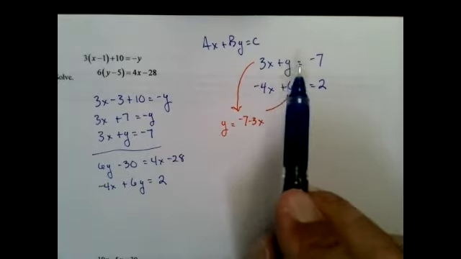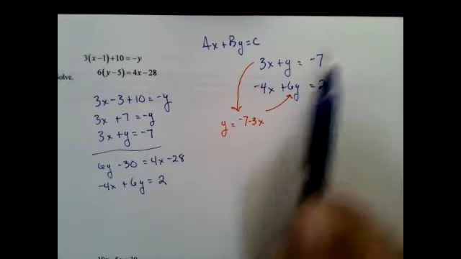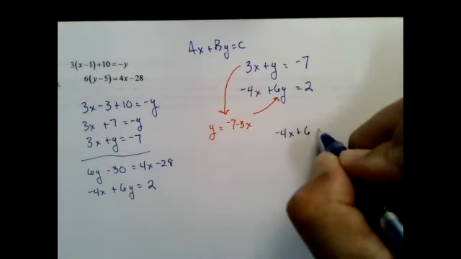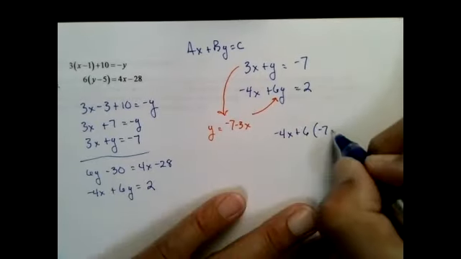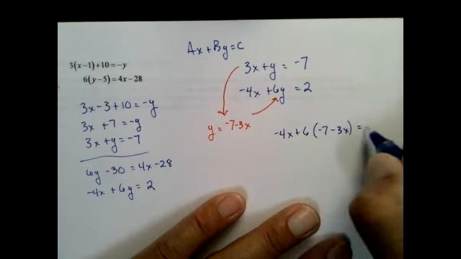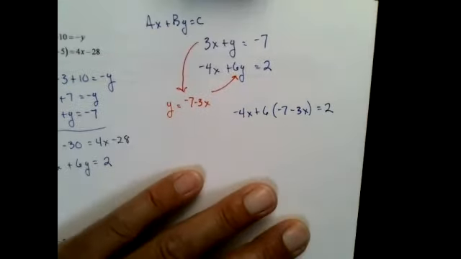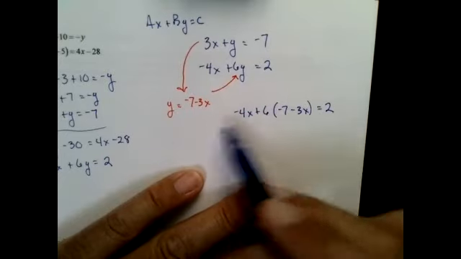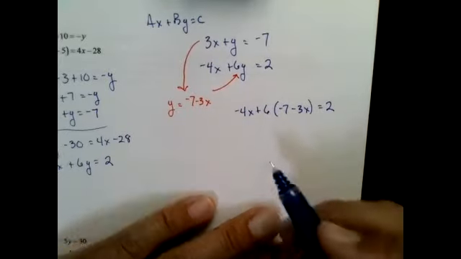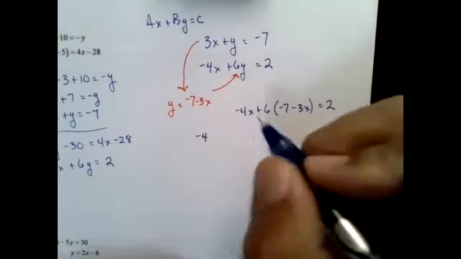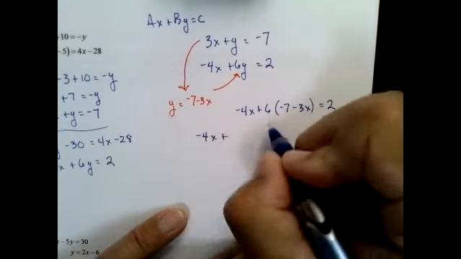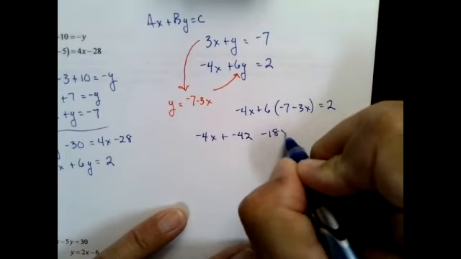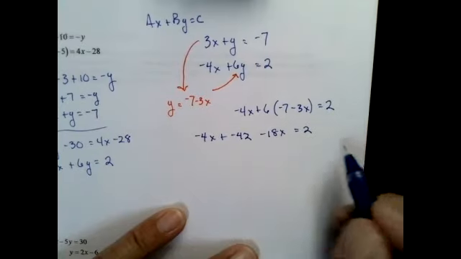Got the y alone, solved for y. Plug it in. Negative 4x plus 6 times negative 7 minus 3x equals 2. I take my time sometimes and double check because you know me. Negative 4x plus negative 42 minus 18x equals 2.